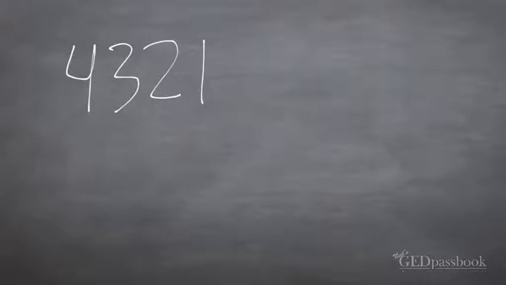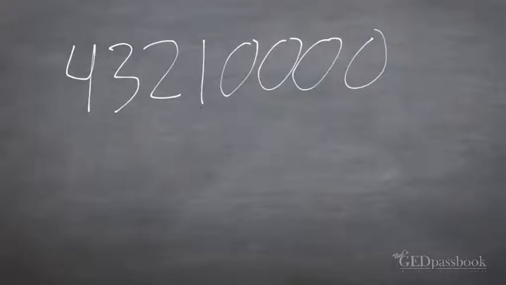And yes, even if there was more numbers such as this, 4, 3, 2, 1, same rule applies. Where's the decimal? It's right there. So you go 1, 2, 3, 4, 5, 6, 7.